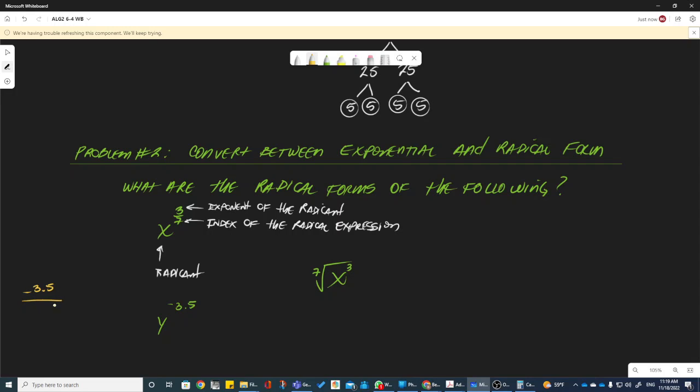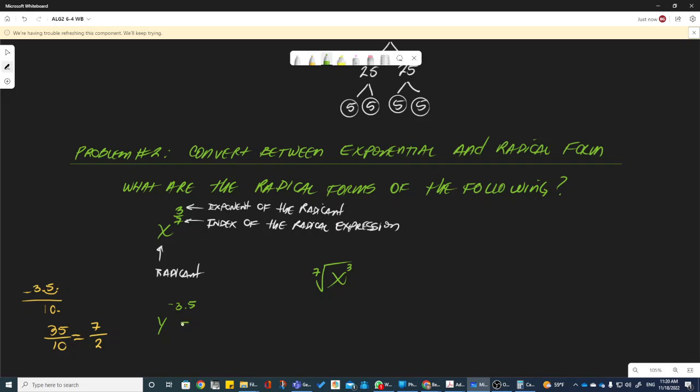So when you put that over 1 and you move the decimal one position, now you got 35 divided by 10. And when you simplify this, 35 divided by 5 is 7, and 10 divided by 5 is 2.